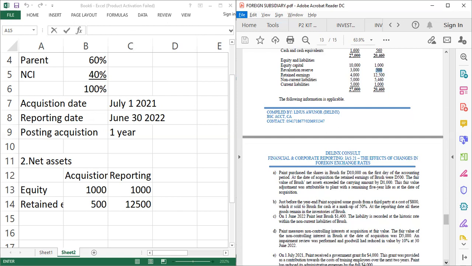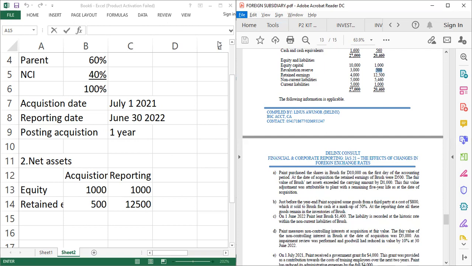If the asset is increasing, will the equity value also increase? Yes, it's supposed to increase, because the asset will increase by that amount, but liability will not increase.